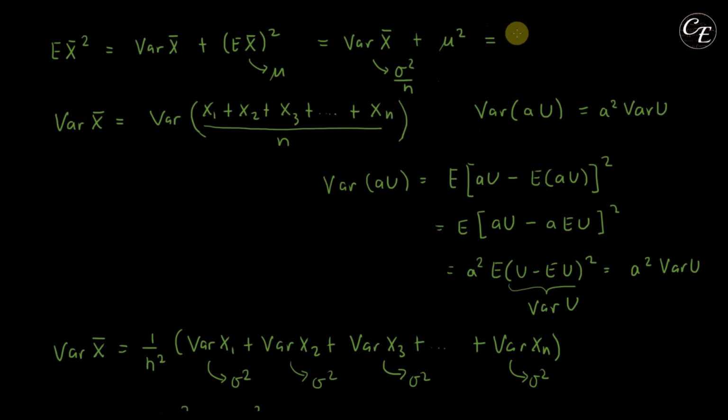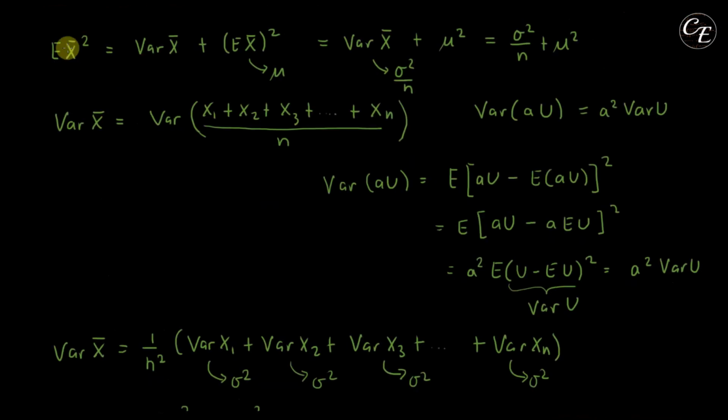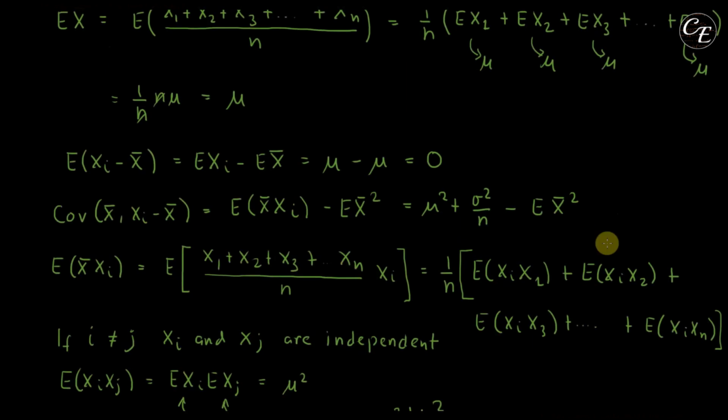Then this one will be sigma squared over n plus mu squared. Let us use this one in the previous sheet. So for this one, which is the same as this one, we can use this instead: sigma squared over n plus mu squared.